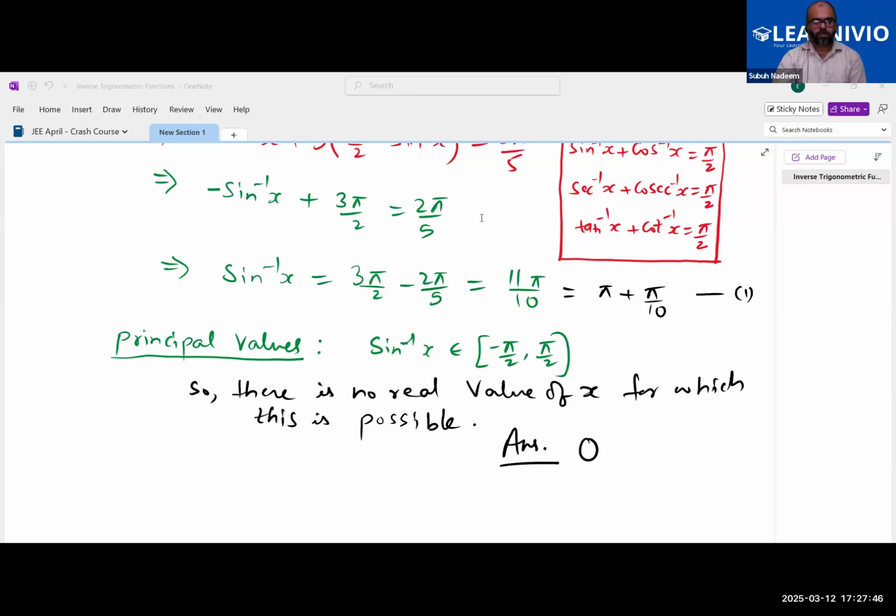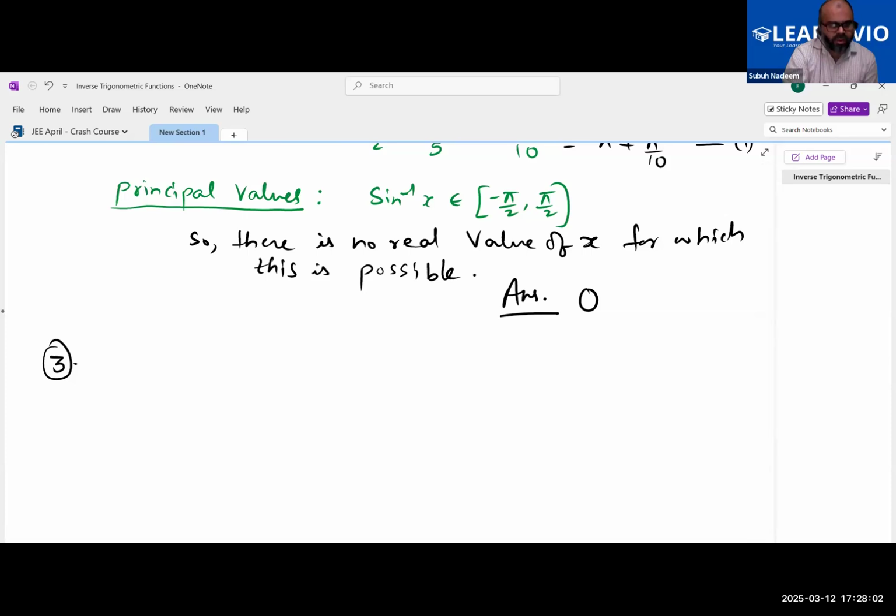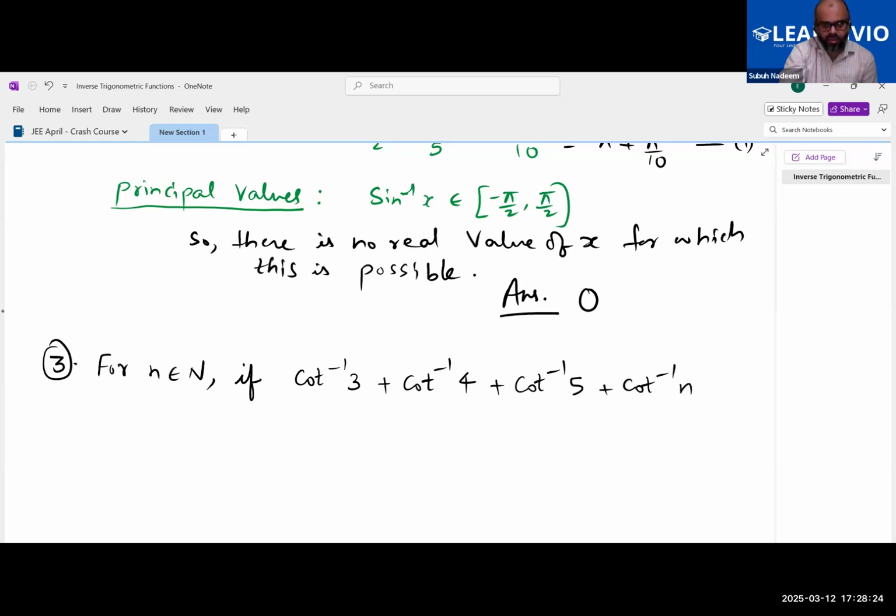Let us come to another question. The question says, for n belonging to natural numbers, if cot inverse 3 plus cot inverse 4 plus cot inverse 5 plus cot inverse n is equal to pi by 4, then n is equal to.